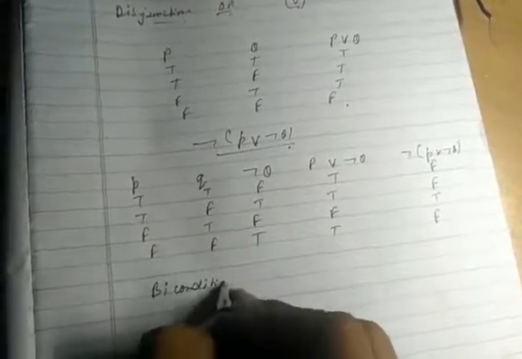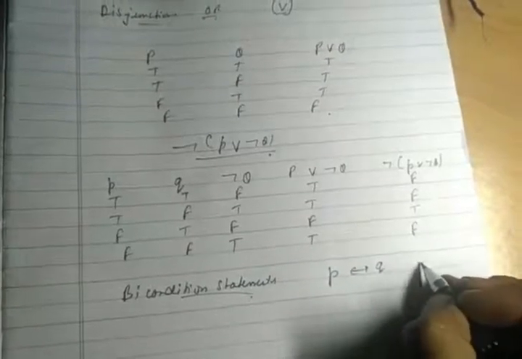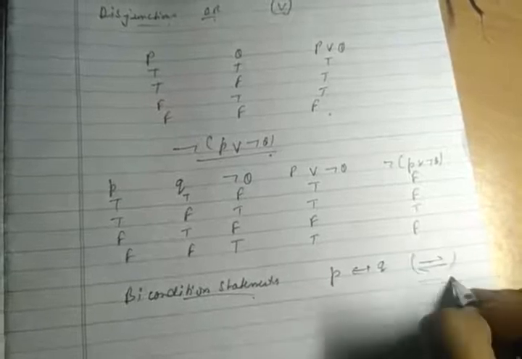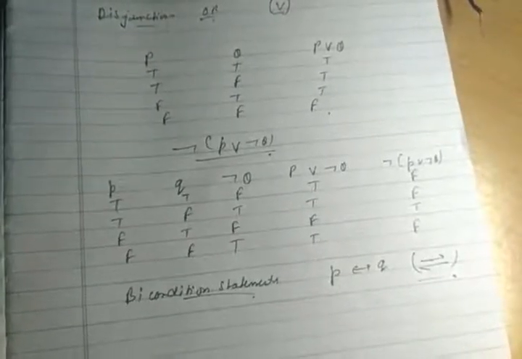So now our next topic is the biconditional statement. Suppose there are two statements P and Q. The biconditional statement is denoted by this sign, or many other authors denote it like this. Biconditional statements are true when P and Q have the same truth values, and false otherwise.